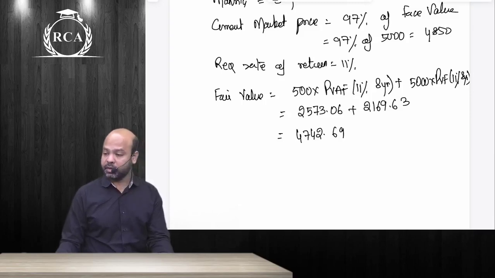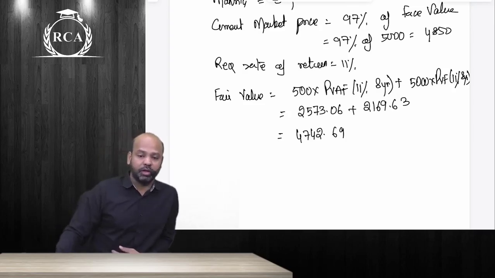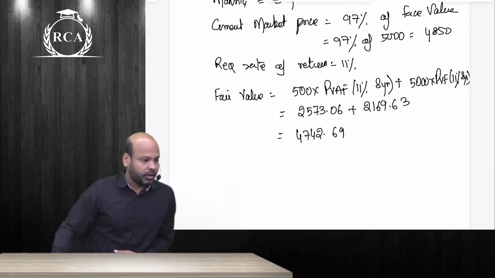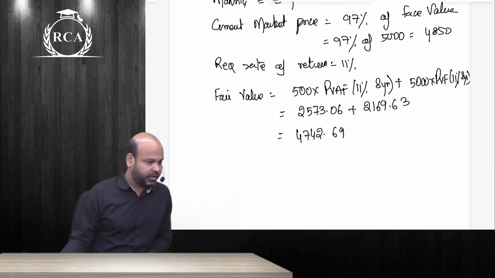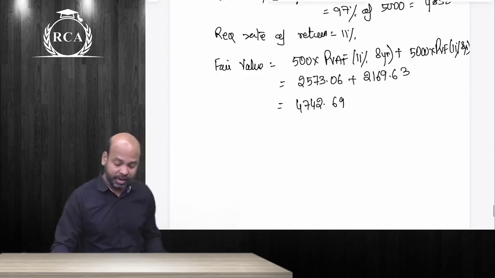All right guys. What's the current market price? 4,850. Is the bond overvalued or undervalued? Overvalued. It is selling at a higher price. Fair value is less, prevailing market price is more.